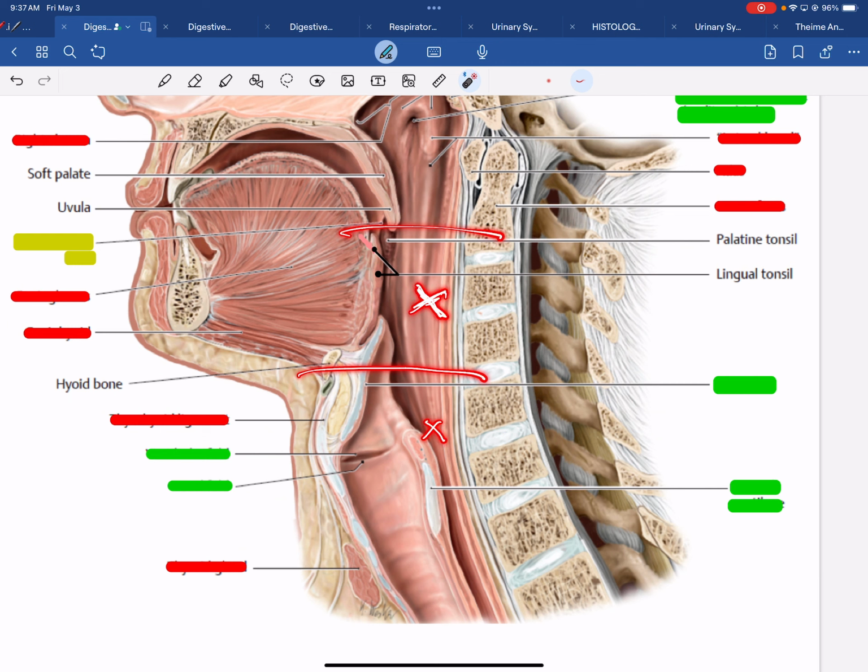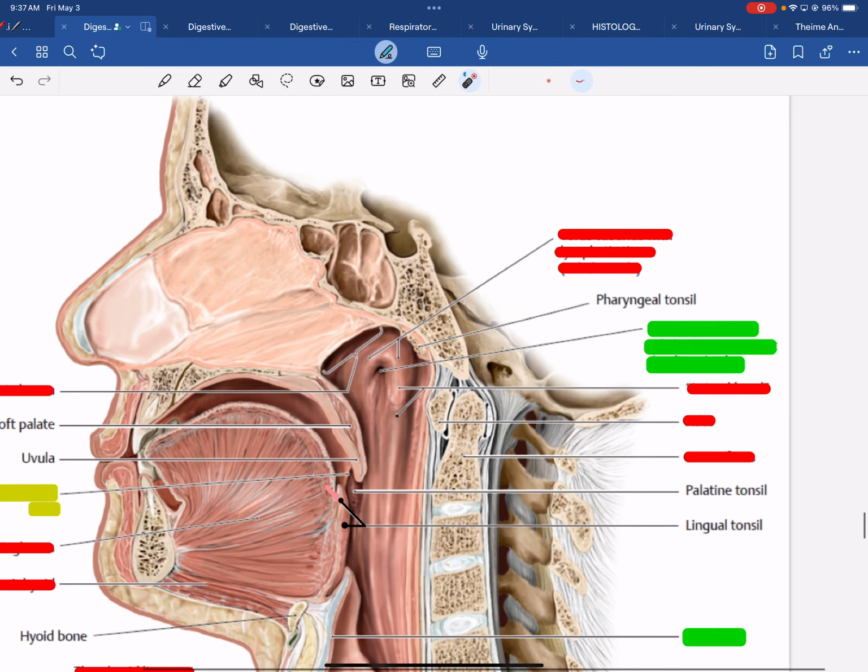What is this space? Good, the oropharynx. And then this one? Good, the laryngopharynx. And then what is this inferior to the laryngopharynx? The esophagus. Good.